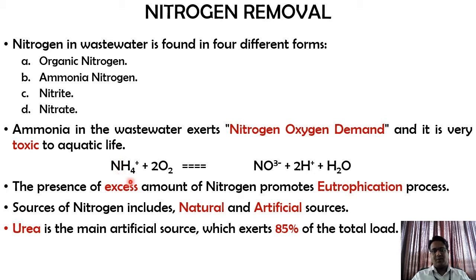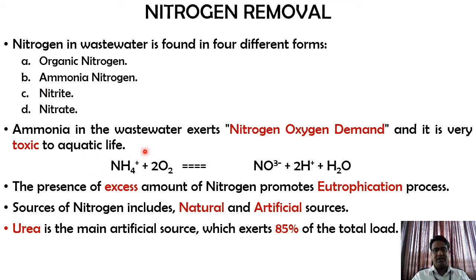Ammonia plus oxygen will give you nitrite plus H plus ions and water. This nitrite is very toxic. Even a very low concentration of it is lethal to aquatic animals.